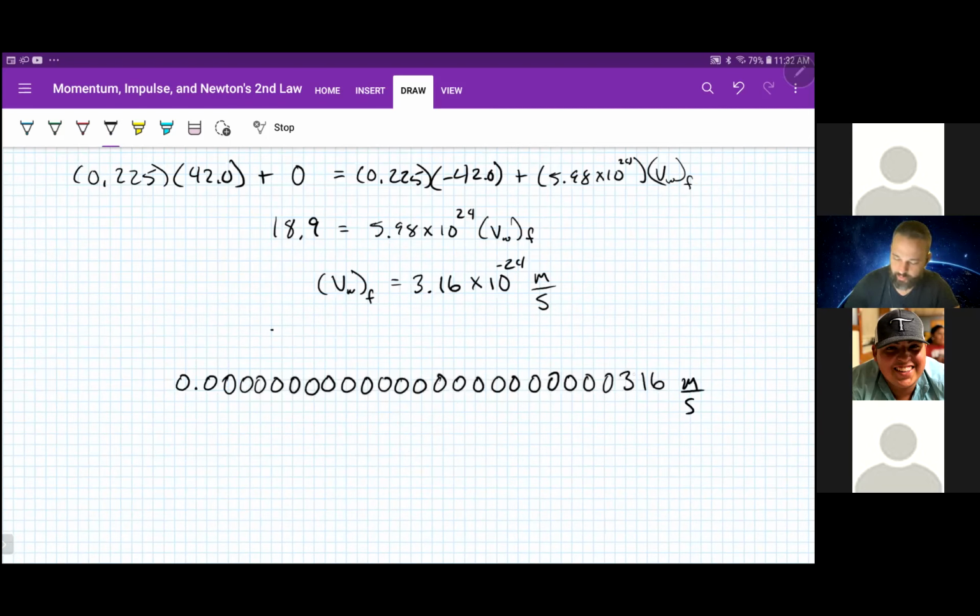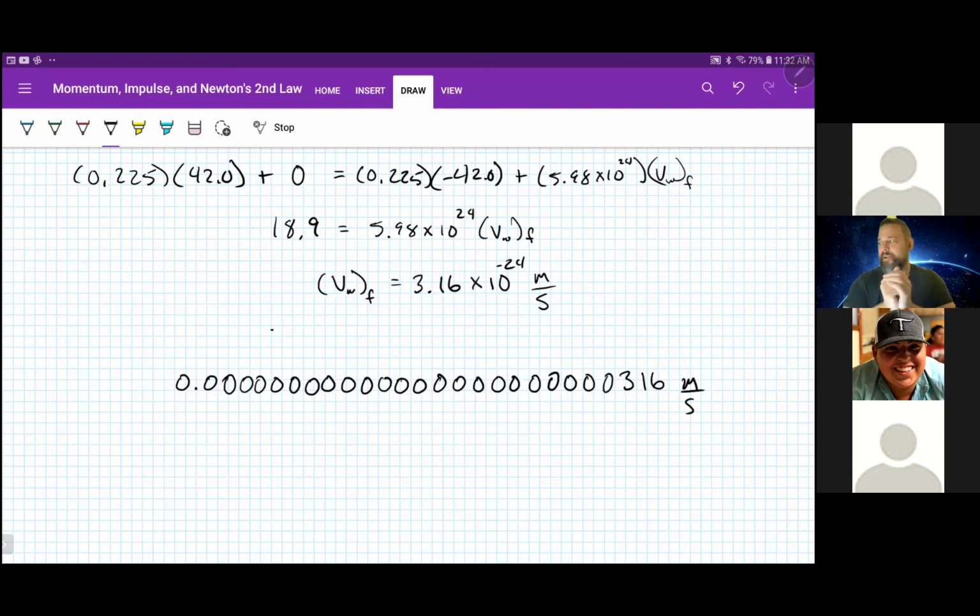Let me make sure that's right. Yeah. So that's how fast that wall is traveling after the baseball hits the wall.